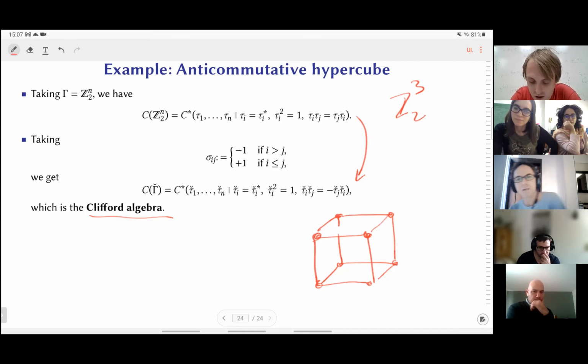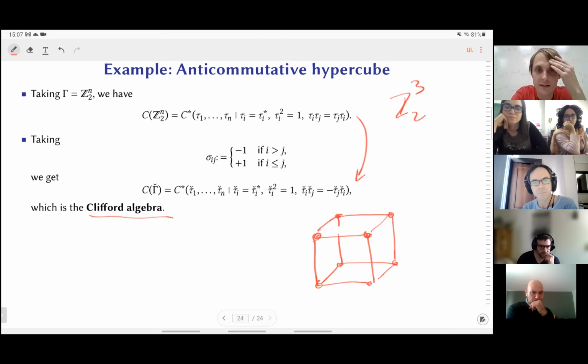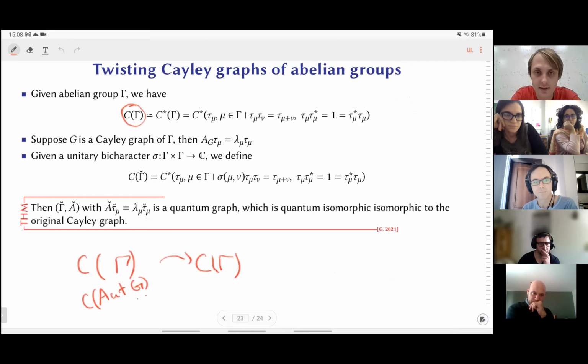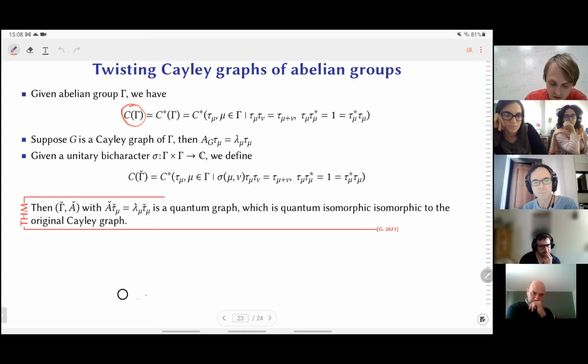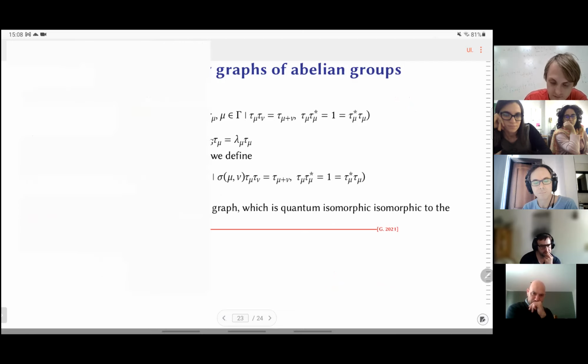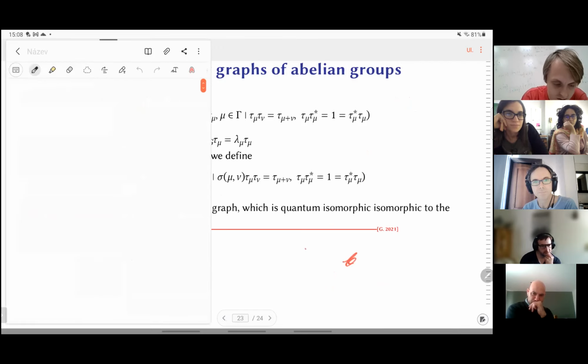Okay. Right. Yes. For those twists of those Cayley graphs, that's quite simple, because this co-module algebra twist works in such a way that classically we know what is happening here.